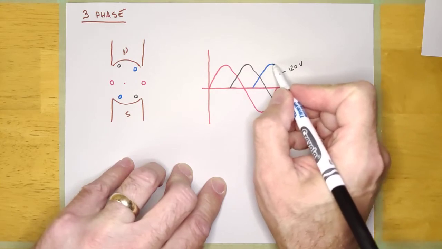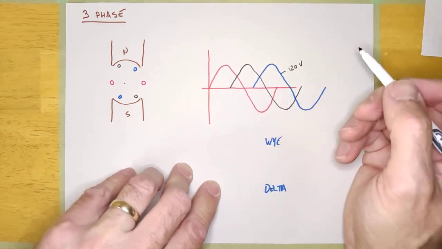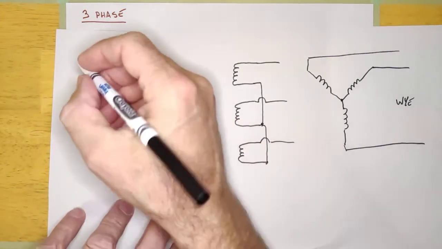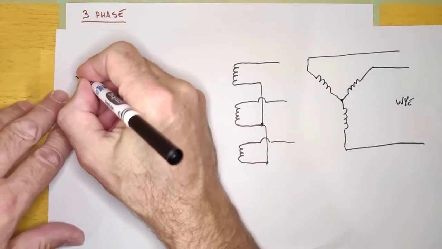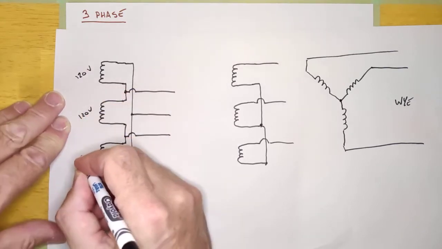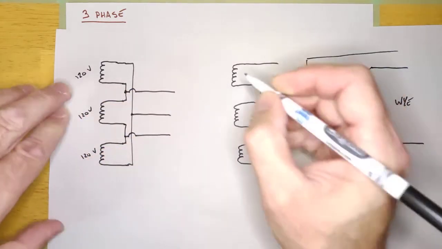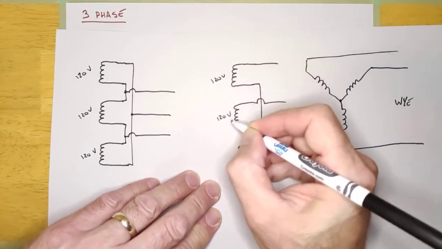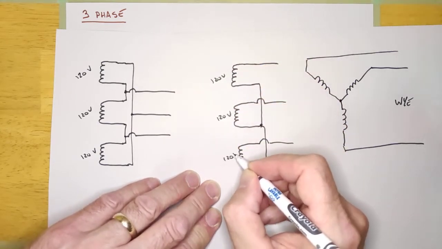They'd all be peaking at 169.7 volts. And so it doesn't matter if I connect this thing Y or delta. If it was that machine, that would be 120 volts, 120 volts, 120 volts, right? Same with this, 120 volts, 120 volts, 120 volts.